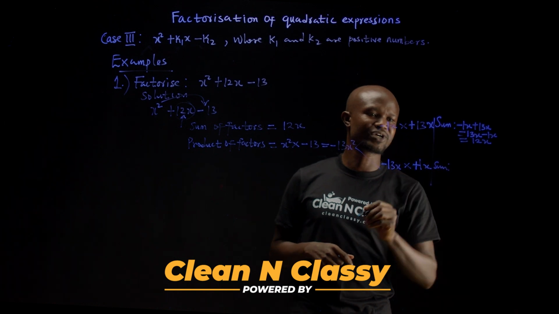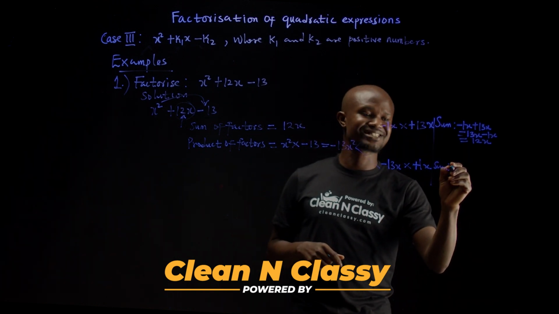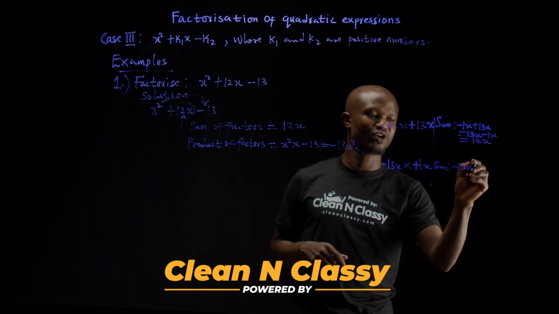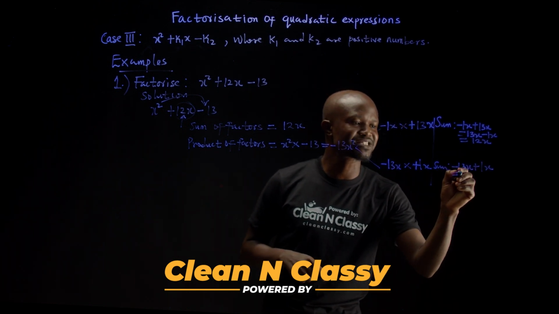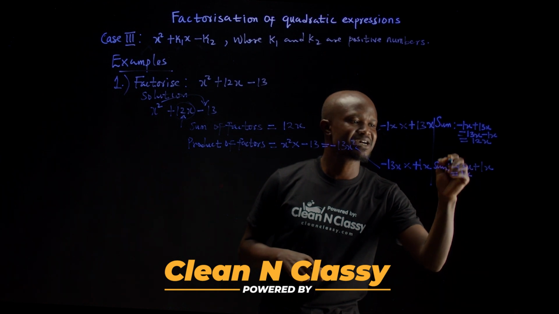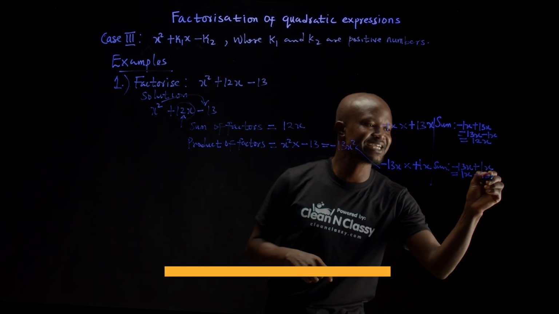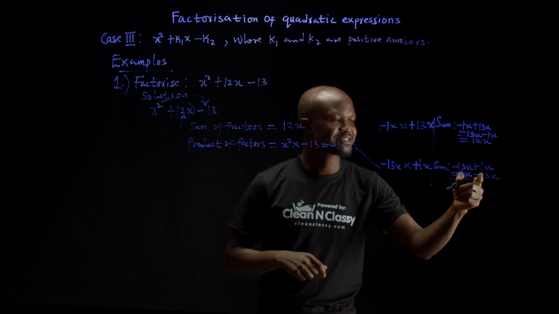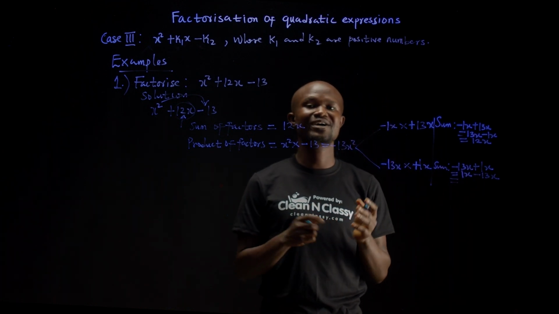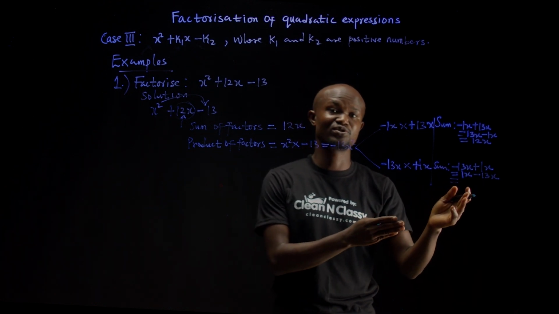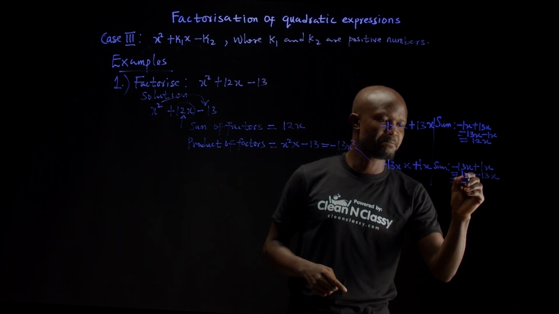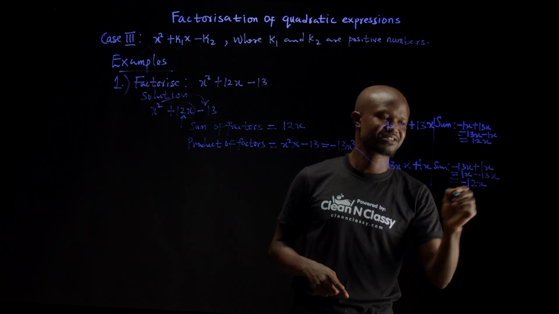And now, for the second one, the sum will give us minus 13x plus 1x. And this is the same thing as 1x minus 13x. 13 is bigger than 1, and you are taking away a bigger number from a smaller number. Hence, the result is going to be negative. So we have minus 12x.